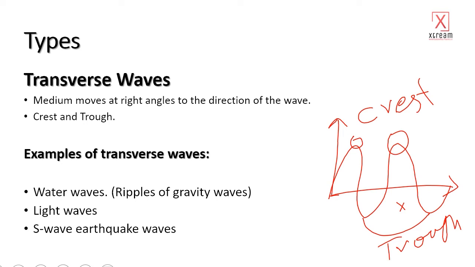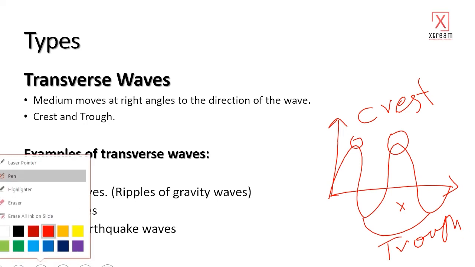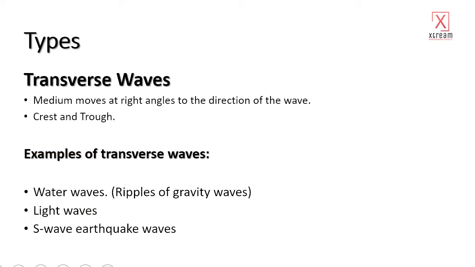Examples are water waves, light waves, and S or shear waves of the earthquake. Like when you put something in the water, the wave will go along the surface of the water, but it will not move the object forward.